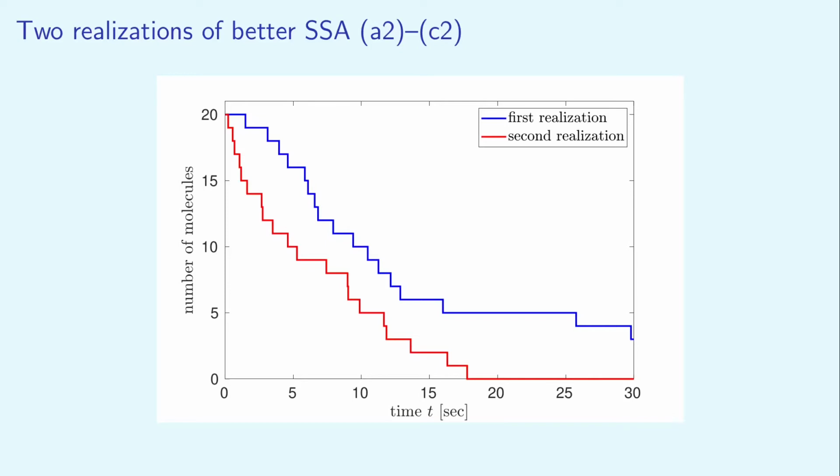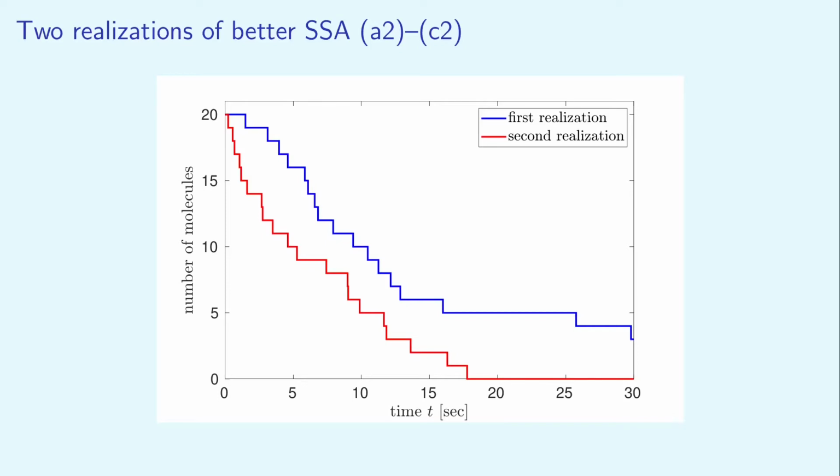This is a significant improvement in efficiency when compared with the naive SSA. Remember that we need to generate on average 100 random numbers to calculate the time of the first degradation reaction. Now we only need one random number to find the time when the first molecule is degraded. Therefore, our improved algorithm is about 100 times more efficient.